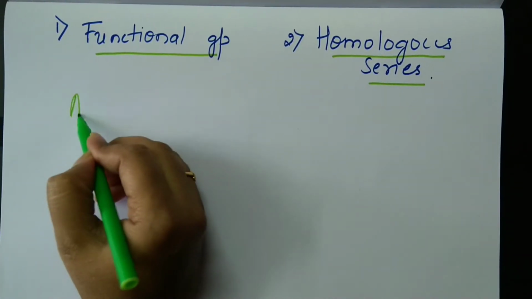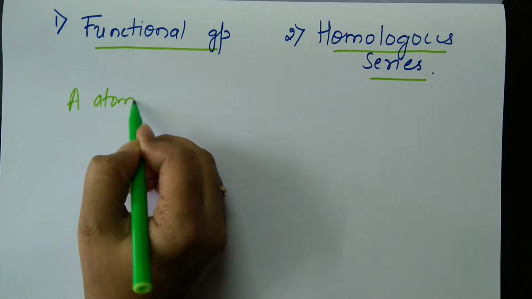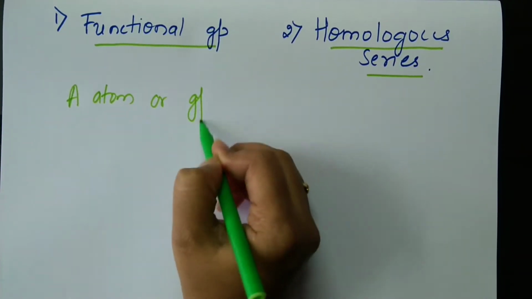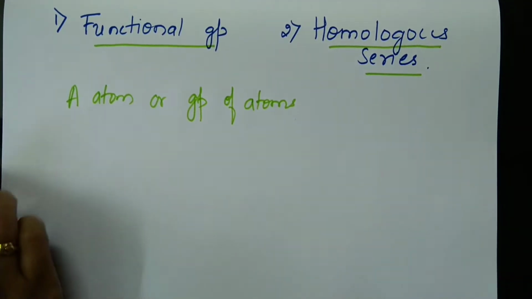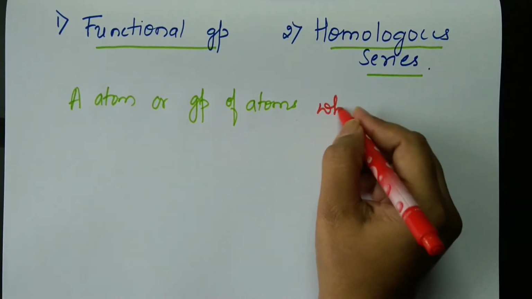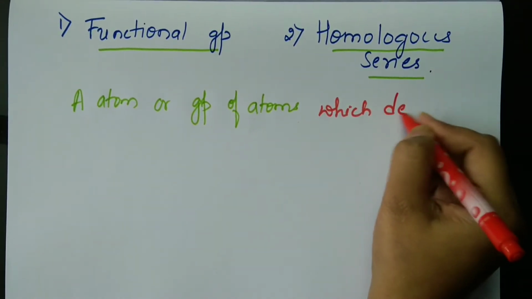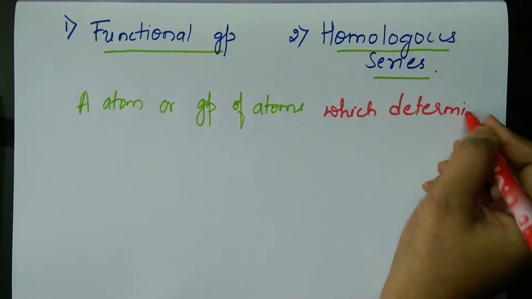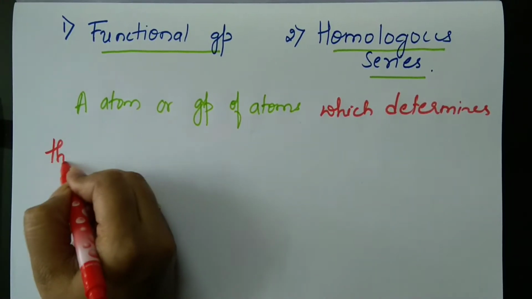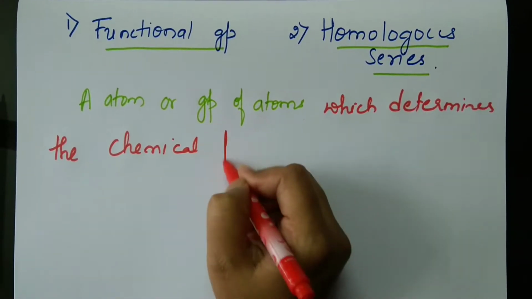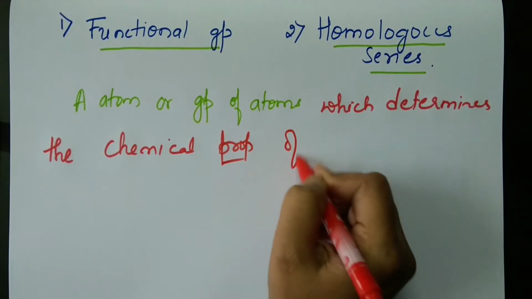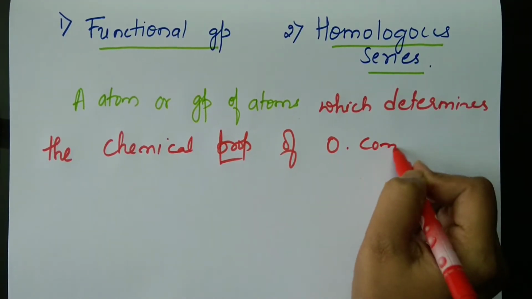It is an atom or group of atoms which determines the chemical properties of organic compounds.